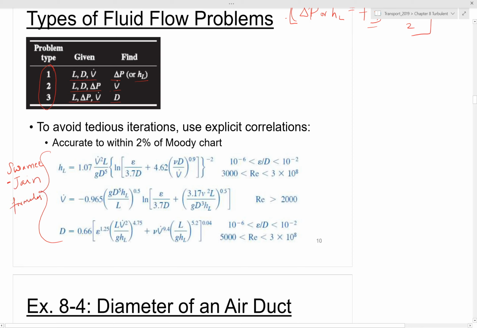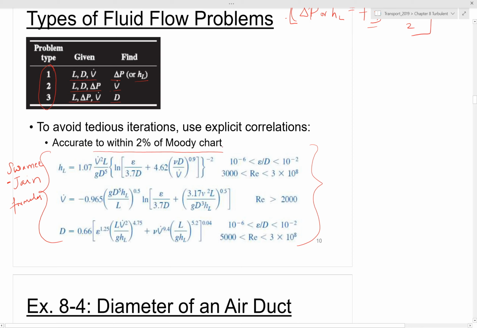These are empirical equations used as a semi-quantitative way to solve it. This is really a handbook of equations for a chemical engineer, and it is usually accurate to within 2% of the Moody chart.